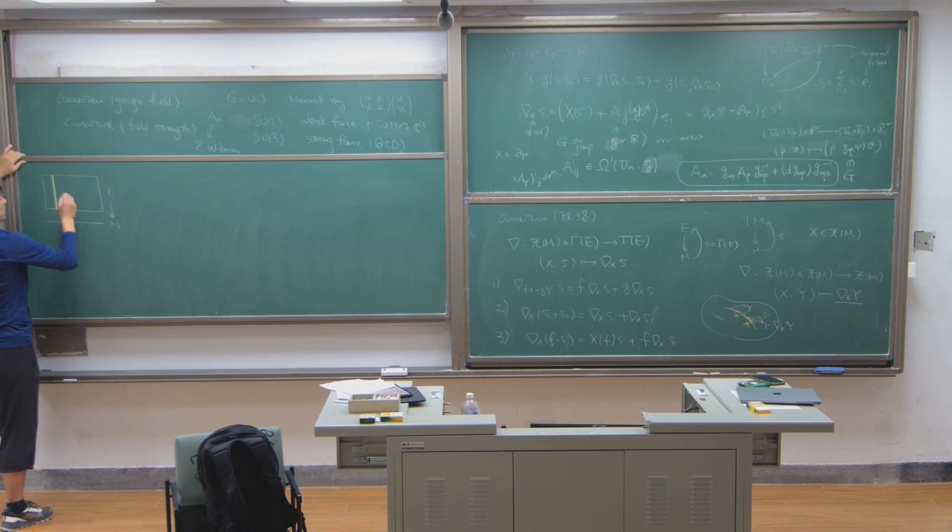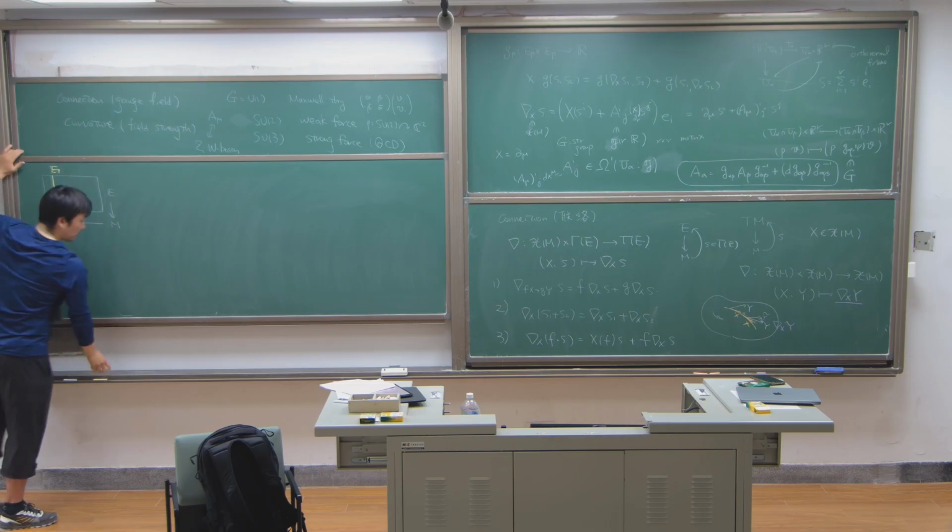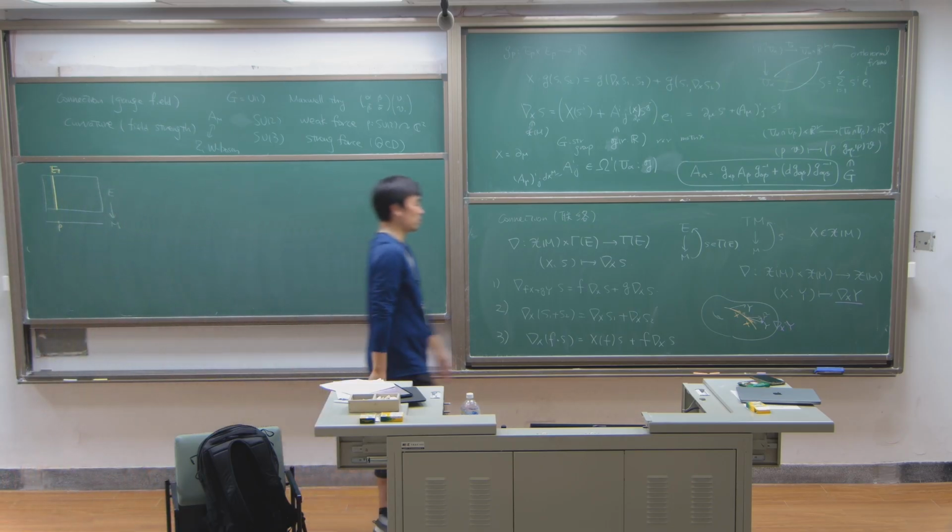The fiber here, and then the nearby fiber here, so it's just schematic. Fiber here, this is the point P, and this is E_P, and then how the parallel transport will look like.